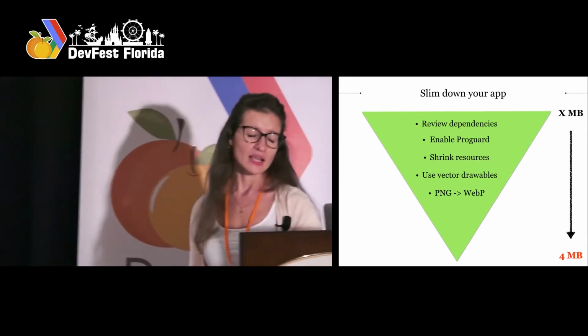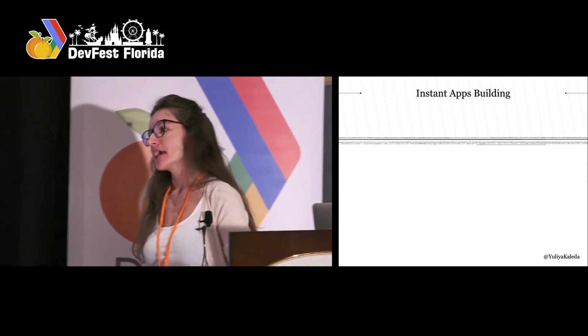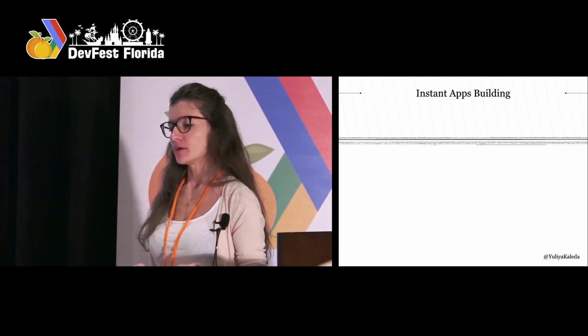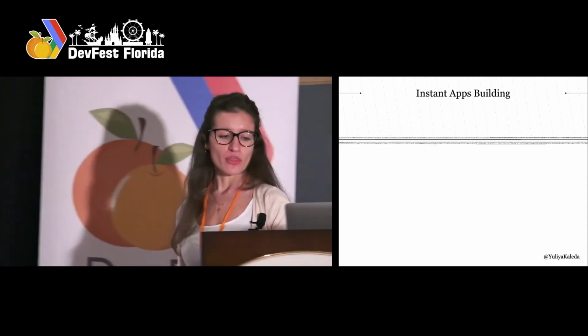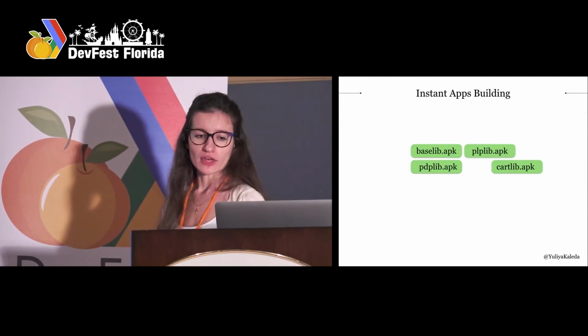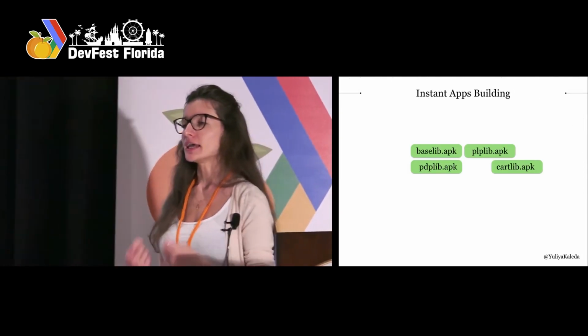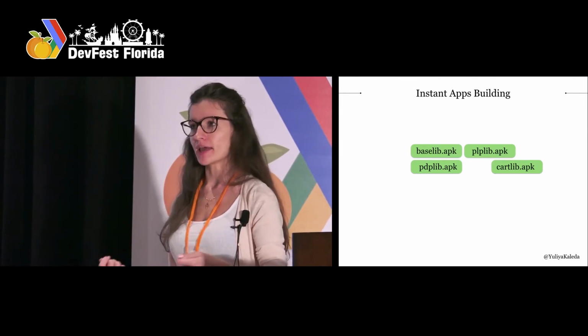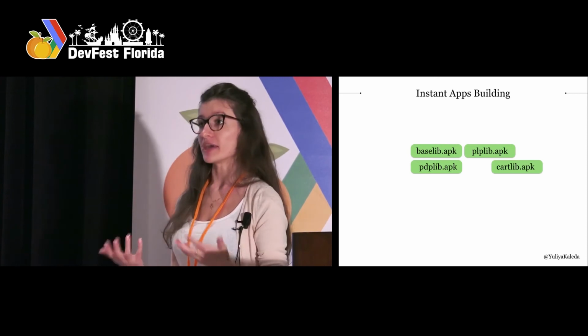So if we're talking about the process of building an Instant App, it's very similar to the process of building a regular installable application, except for one thing. Instead of having one APK, in Instant Apps you will get as many APKs as there are feature modules, plus one APK for the base module.